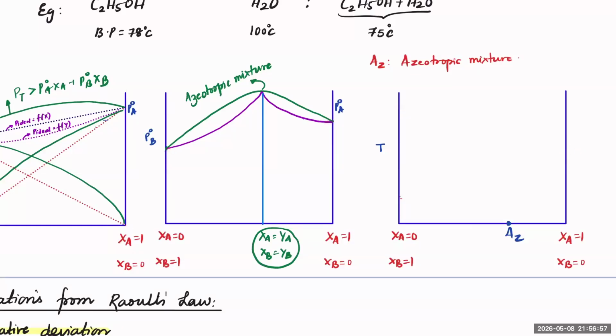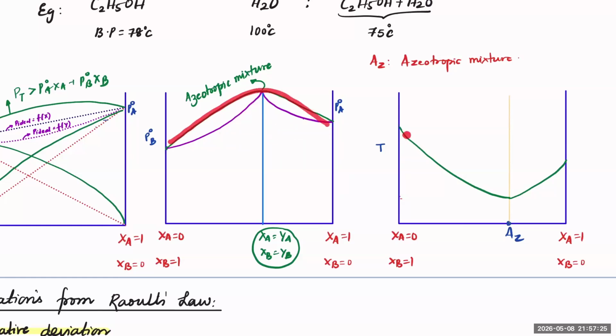So therefore, now if I draw the azeotropic line here like this, okay, then you will notice the graph would go something like this. From here, it will go all the way here and touch, and from there it will go like this. Okay, and this will be the liquid line now.